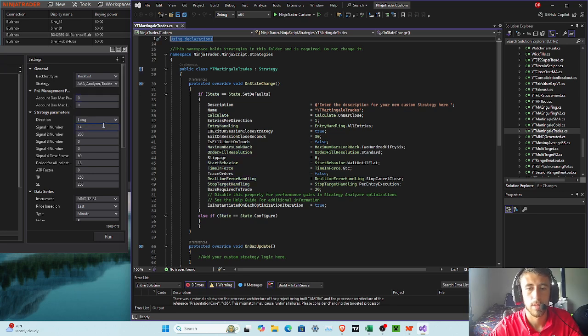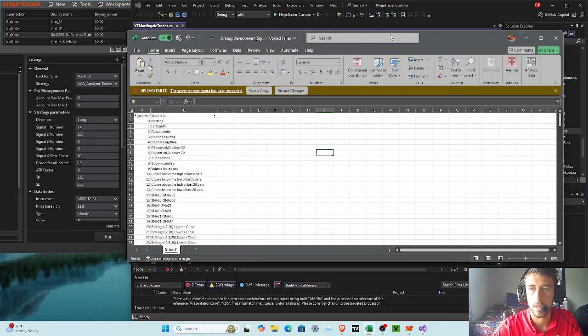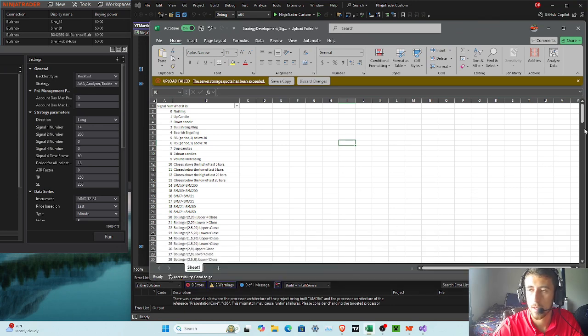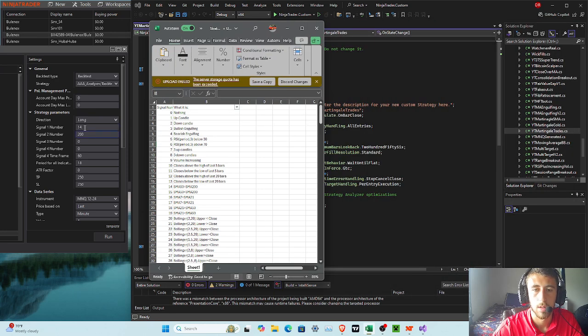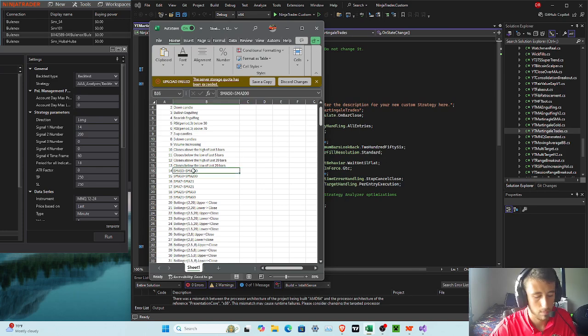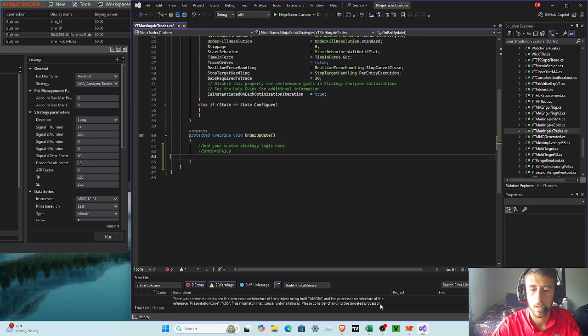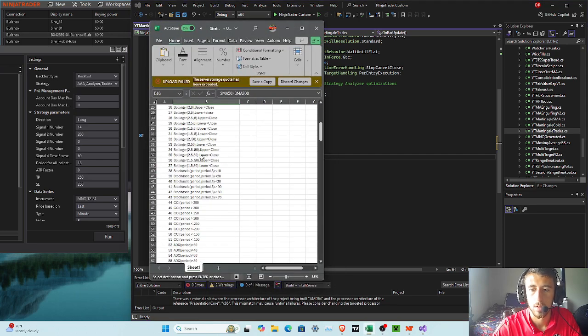All right, so this software basically just generates signals for us. You can use the software by itself to trade, or with the software comes this sheet, and you can see what is going on, so you can put it into your own strategies. So that's what we're doing right now. So we got 14 and 200.